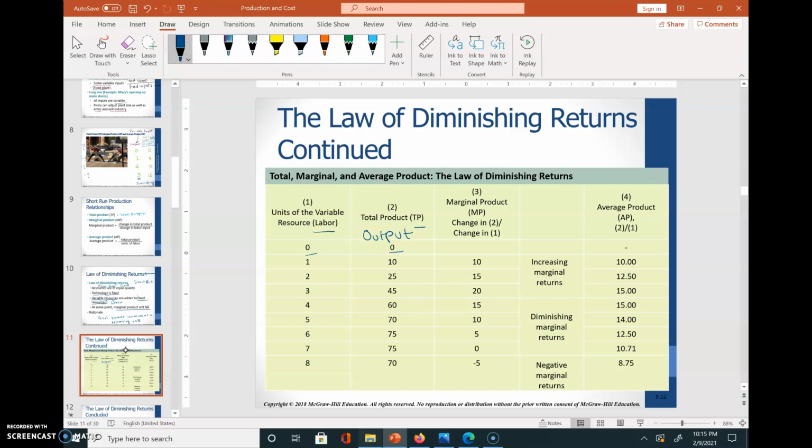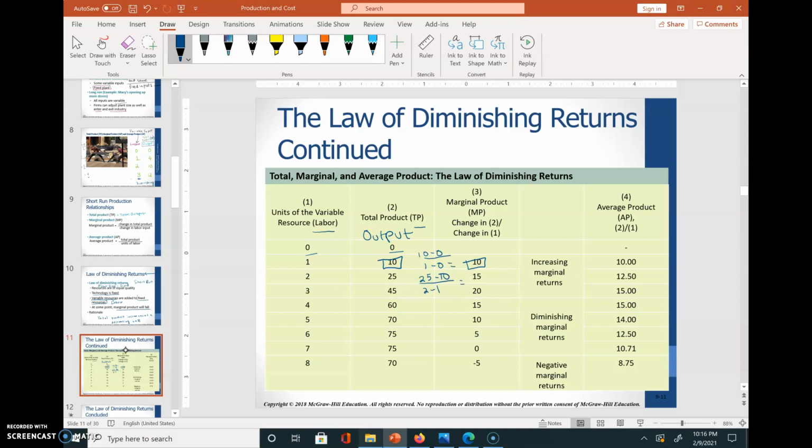So the total product for the first worker is 10. The marginal product is 10. So how did we calculate this? 10 minus 0 over 1 minus 0. For the second worker, this is 25 minus 10 over 2 minus 1.